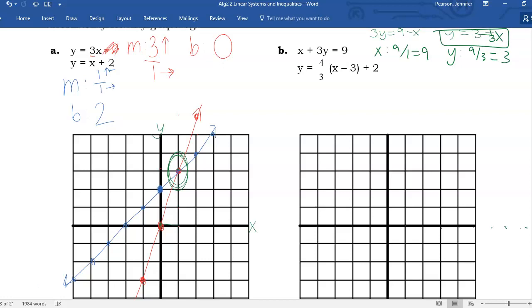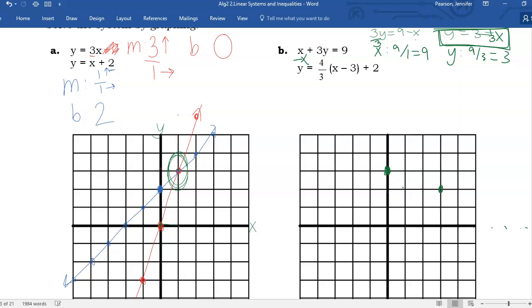Okay, so, long tangent. I did minus x on both sides. And then I did divide by 3 on both sides. And here's my equation. So that means I'm going to start at 3. And then I'm going to minus 1 over 3. Minus 1 over 3. So that's down 1 over 3.